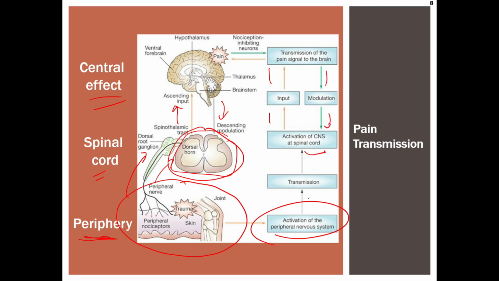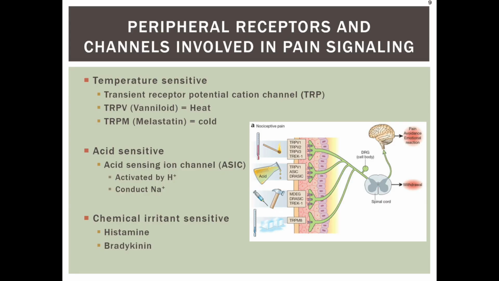And so we want to start by understanding these peripheral inputs and the peripheral circuitry that influences pain. Out in the periphery, at the skin, for example, there are numerous inputs and receptors that exist here in the periphery.